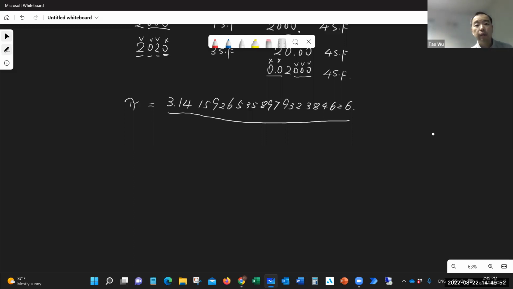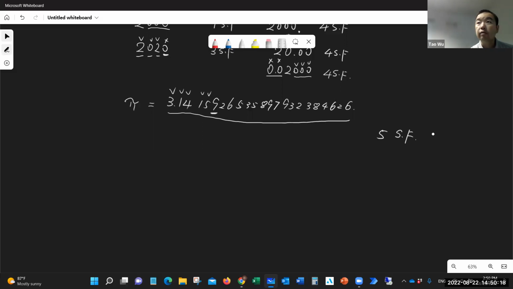Okay, so this is what we're going to do. For example, if we want the number to have only 5 sig fig, what we're going to do? You start from the left side and count 5 numbers to the right. 1, 2, 3, 4, 5. And then you look at the sixth one. The 6th is 9.